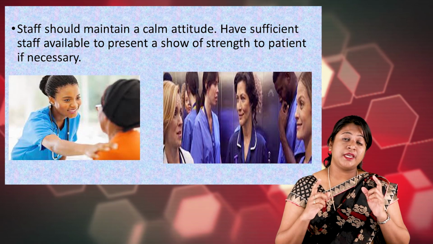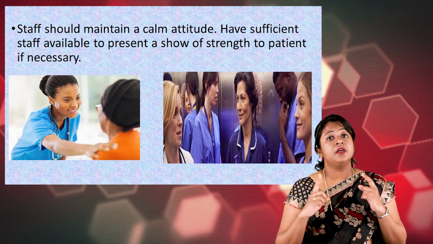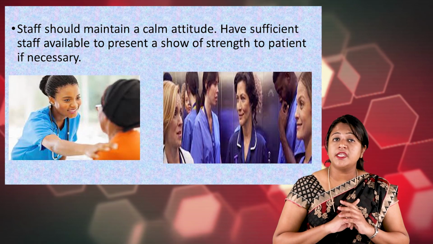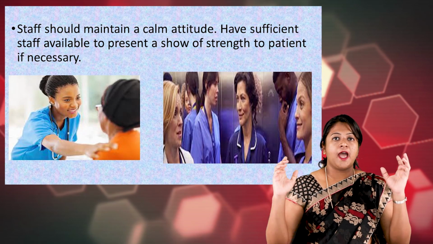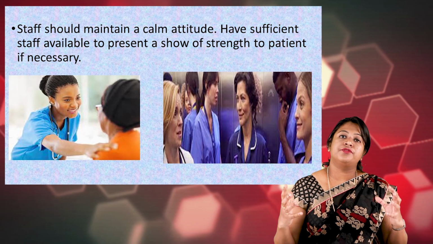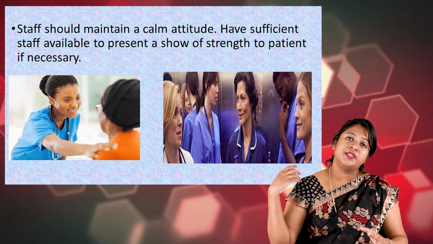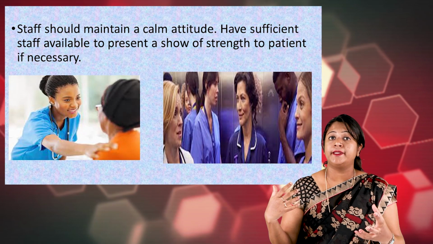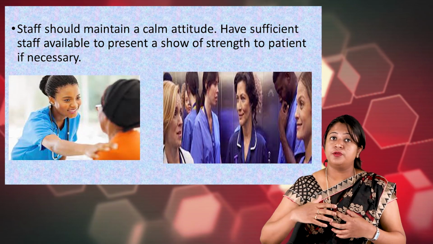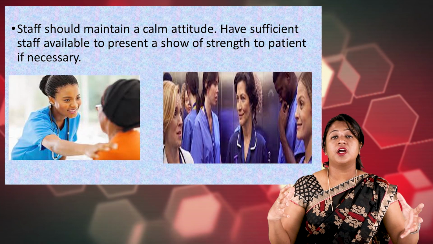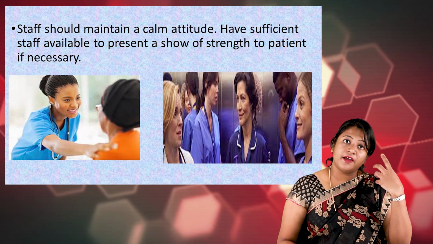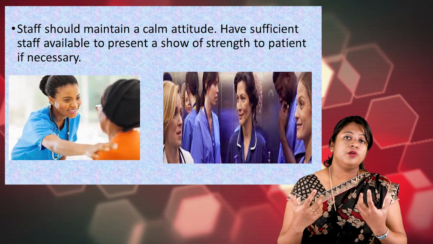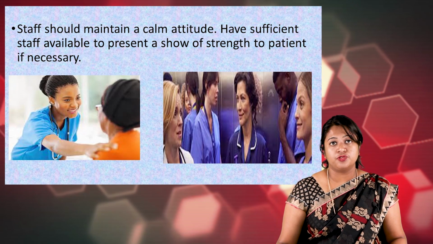Also keep in mind always that the client may strike you at any time. So always have enough staff in your unit, just to show the client that if he strikes, you have enough people to control him, so that he gets an idea that he can have self-control.